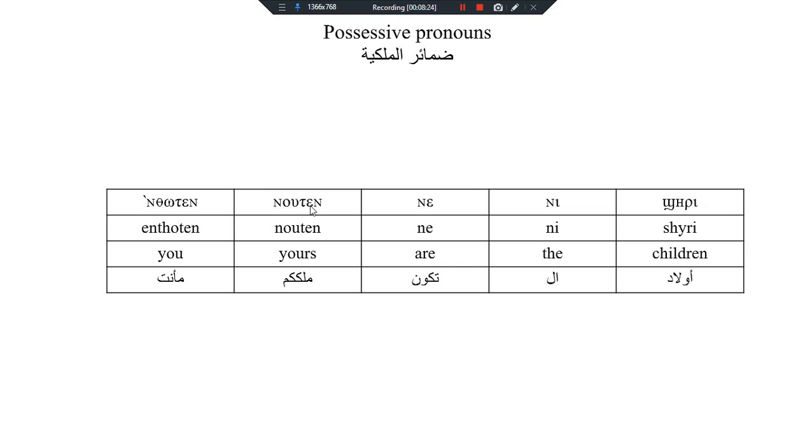Noten ne nishiri, yours are the children. Fu, theirs, pe pisuteshni, theirs is the council. Su te timitsave, theirs is the wisdom. Nu ne nishiri, theirs are the children.